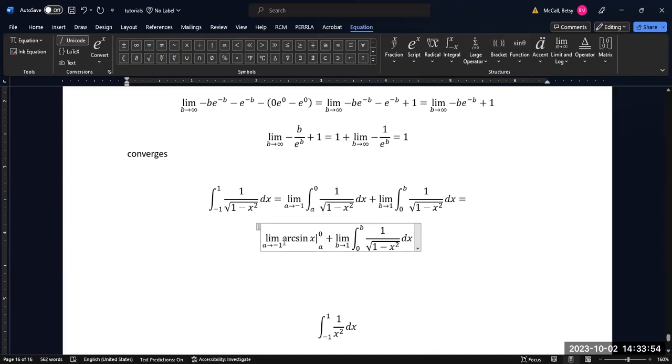And then same thing is going to happen for this one, except we're evaluating it from 0 to B.